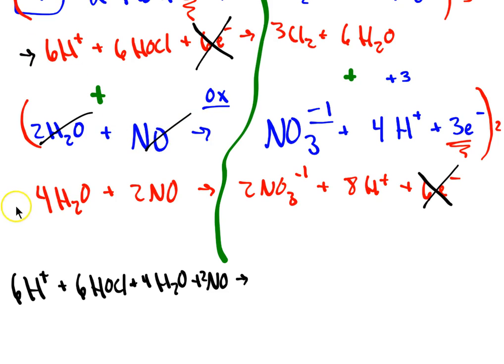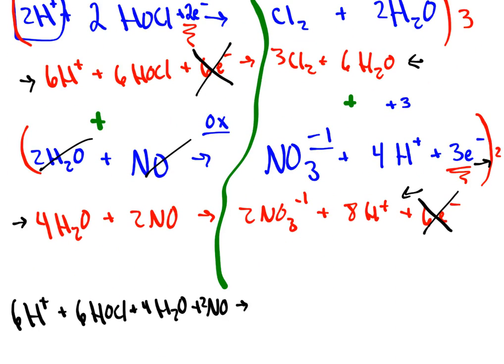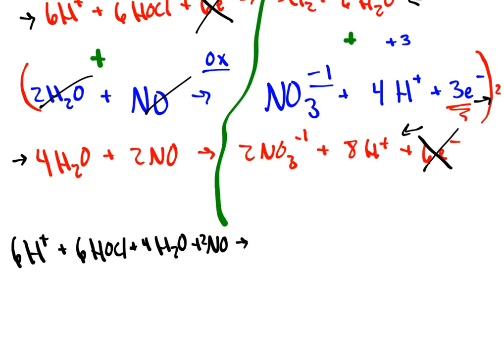I'm adding this one and this one. And then I'm adding this one. That's before I balance the charge. If I could zoom out and show you all this, it makes sense, but it is kind of tricky the way it's written, I guess.